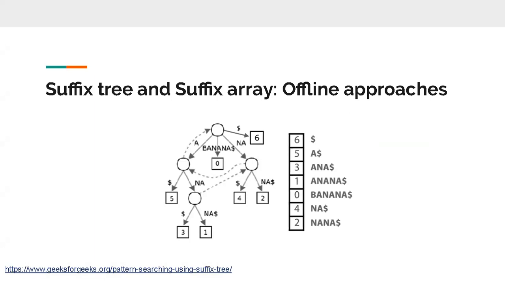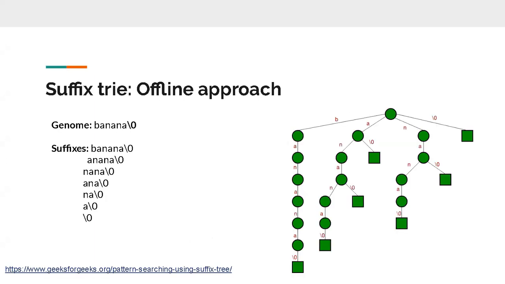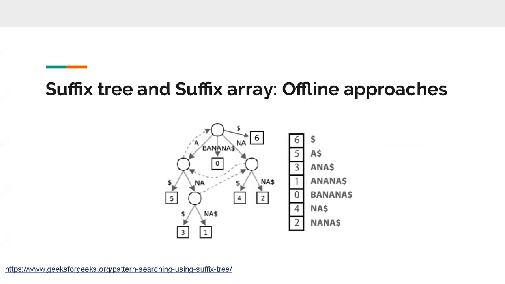And the leaves over here, which are the squares, will tell you the index of that particular suffix. So banana will start with the 0th index, 0, 1, 2. So banana will be 0, anana will be 1, nana will be 2, ana will be 3, and so on. So this is what you will mark over here. And then you can store this suffix tree, or you can store it in the form of an array.